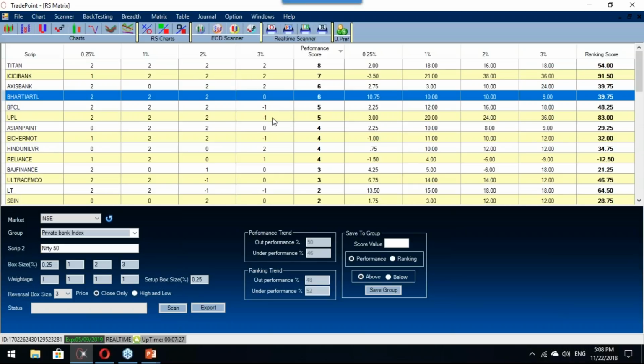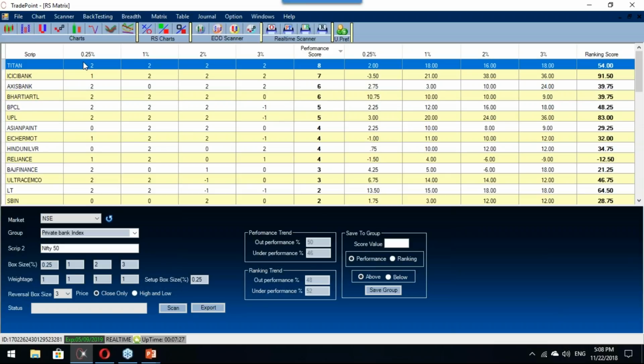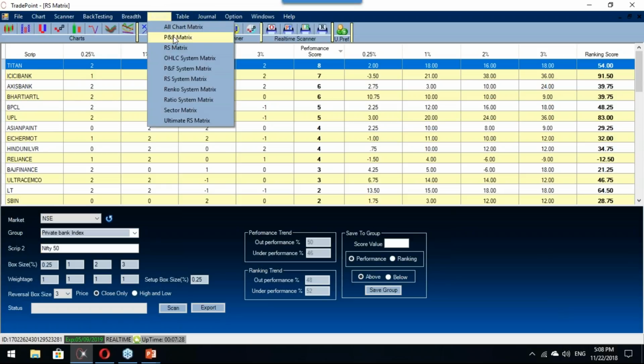No confusions. Excellent. So the question now is, if I have a score of two here, it basically means that we are in a column of X and a buy signal has been triggered, isn't it? So what will be the score in the P and F matrix? If I go to the P and F matrix and run that scanner and look at Titan, what will be the score there?